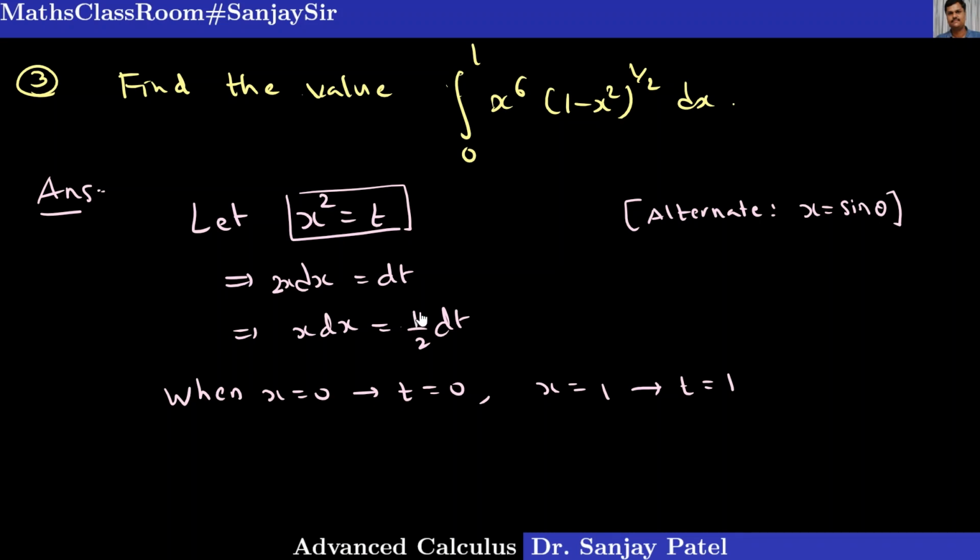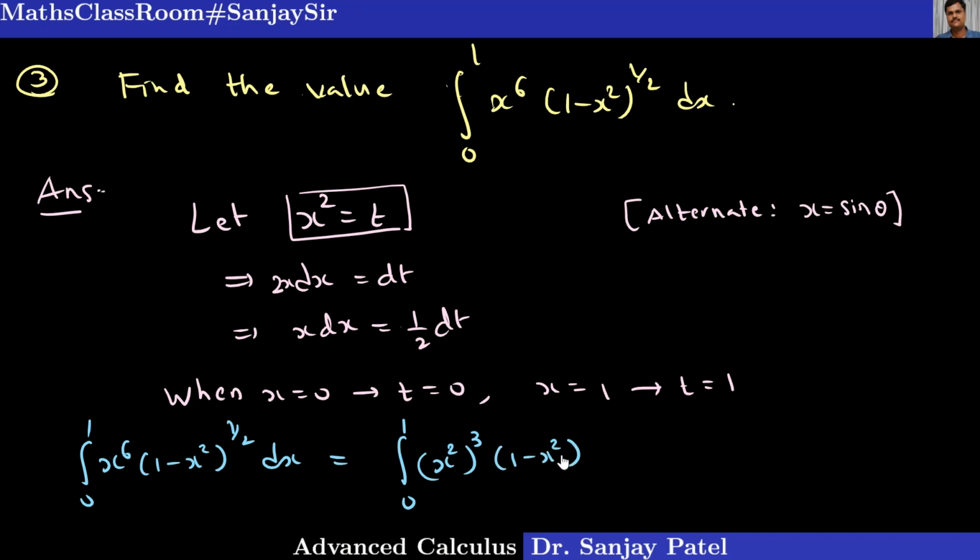Okay, so putting all these values in our given integral, what I will get is the integral from 0 to 1 of x raised to 6 into (1 minus x square) raised to 1 by 2 dx. I can write this as x square raised to 3 into (1 minus x square) raised to 1 by 2 into dx.